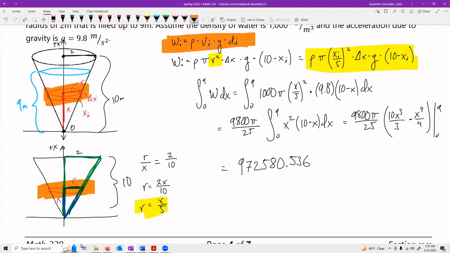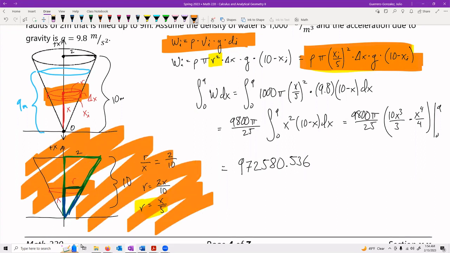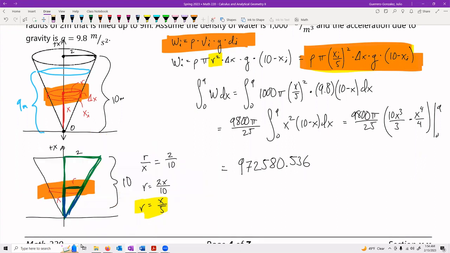That was the crux of our argument. That's how we got this expression right here. Notice that the only thing that changed from the construction to this example was the shape of the tank, and the way that we handled it was this way right here. So just keep that in mind when you go through the problem yourself.